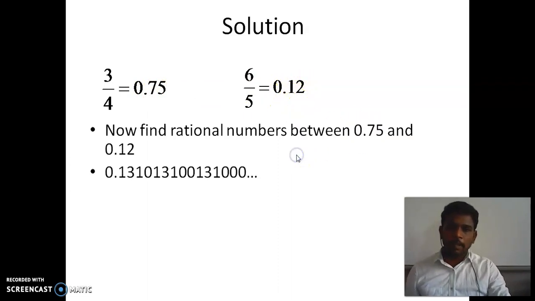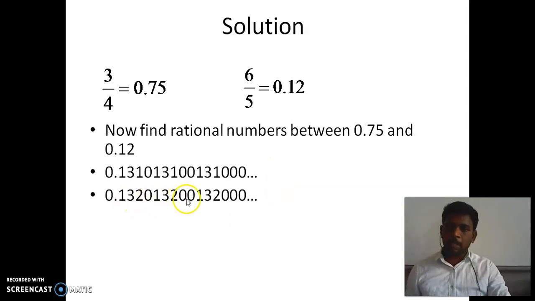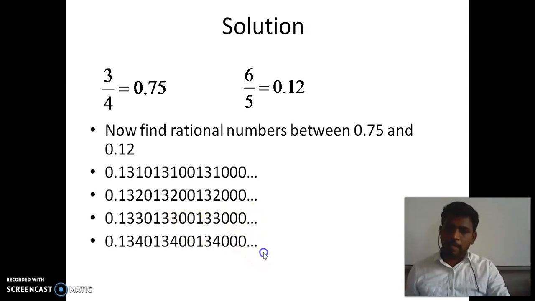So you can start with 0.13 or 14, whatever it is. Okay. Look at here 0.1310, 13100. Next 13210, 13200. Next 13310 and 13300. So likewise keep going on.